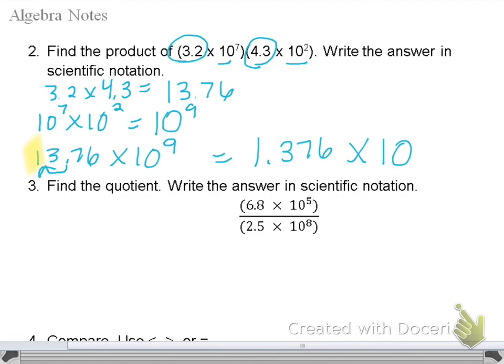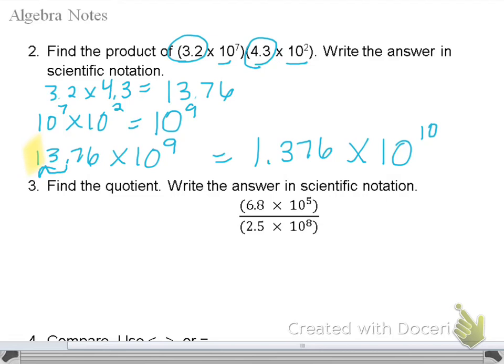And because we moved it to the left one more space, we're going to have to move it to the right eventually to get the answer. Then we're going to add 1 to our exponent, so it's 10 to the 10th power. Always go back and check your work to make sure that it makes sense.